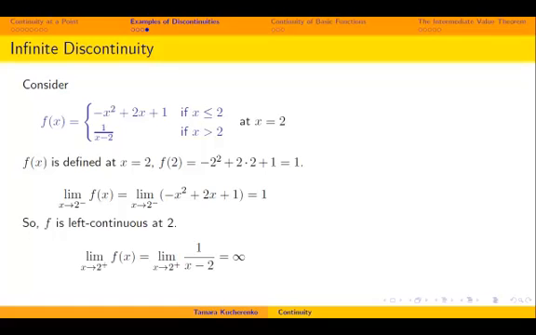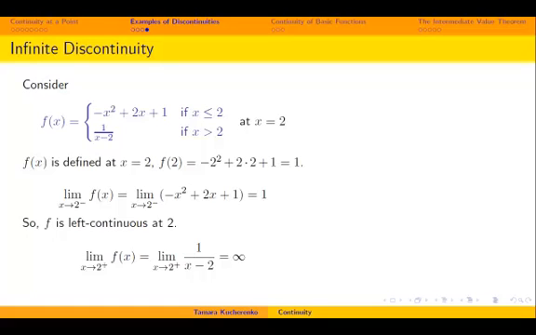The right-hand limit of f of x at 2 is the limit of 1 over x minus 2 as x approaches 2 from the right. Since x only takes on values which are greater than 2, the denominator x minus 2 is positive.